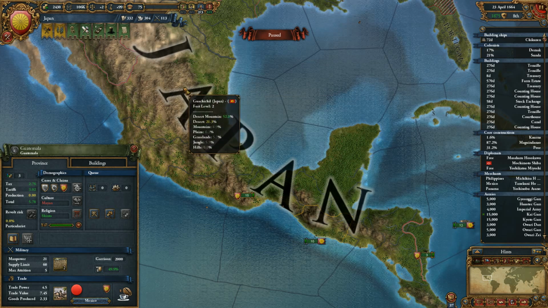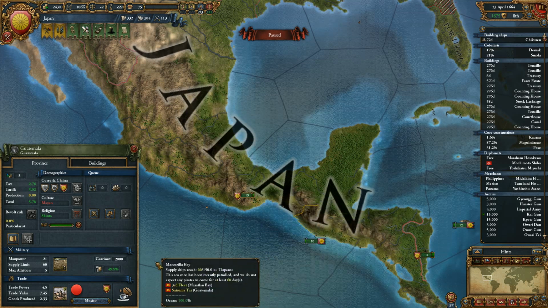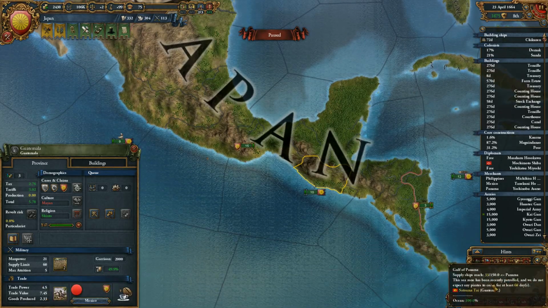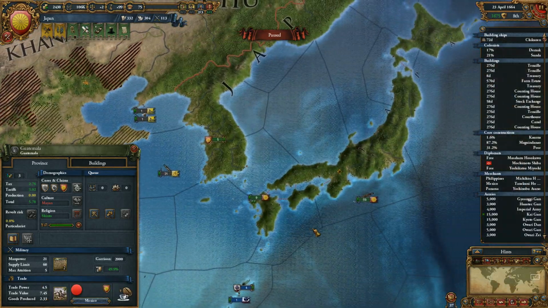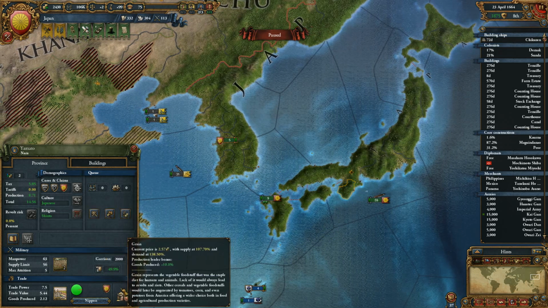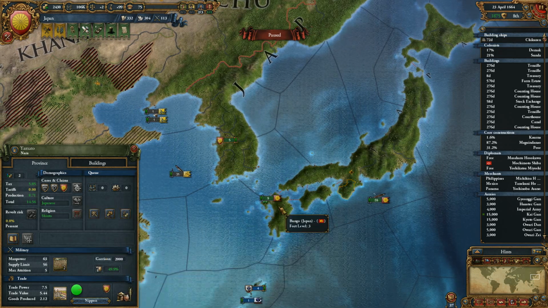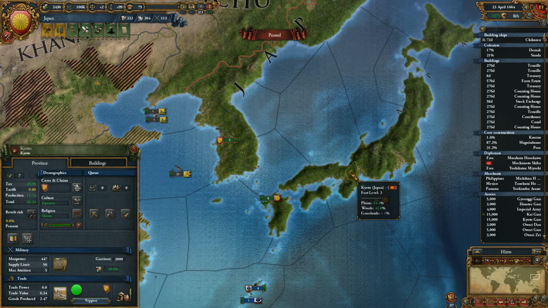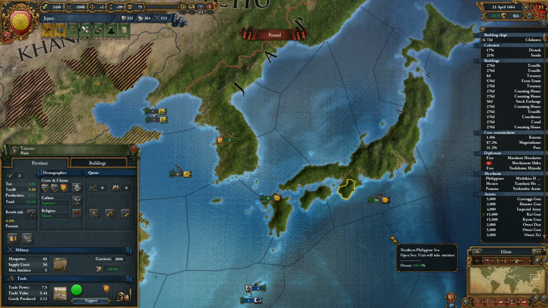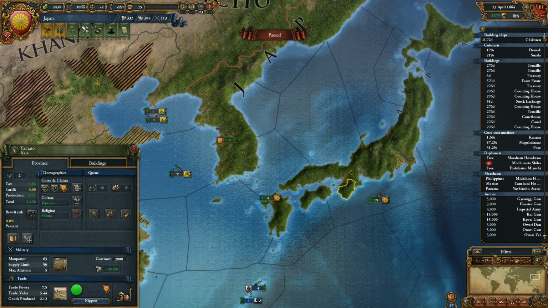Basically, you will get most of your money from overseas from trade, whereas in your home provinces, most of your money will come from production for your resources. The difference isn't all that important at the start, but it plays into how you deal with your trade.